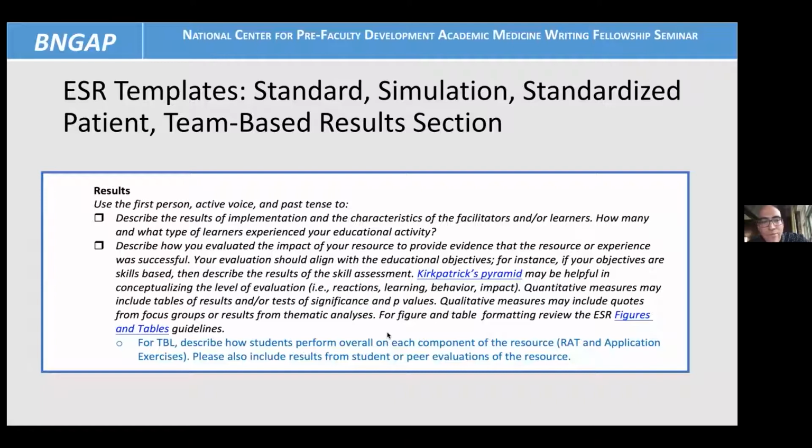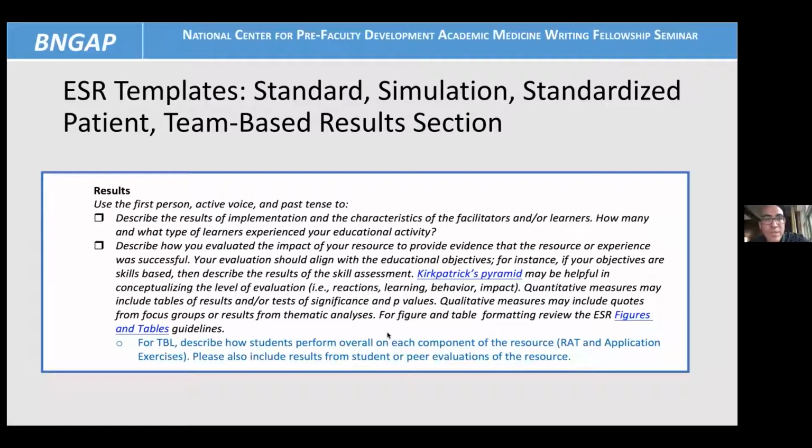There are 5 different types of ESR templates, depending on the type of project you were working on, whether it be a standard workshop, some sort of sim, some sort of standardized patient or OSCE activity, some sort of team-based learning, or some other type of assessment. It's important to follow the directions listed on each of these templates.